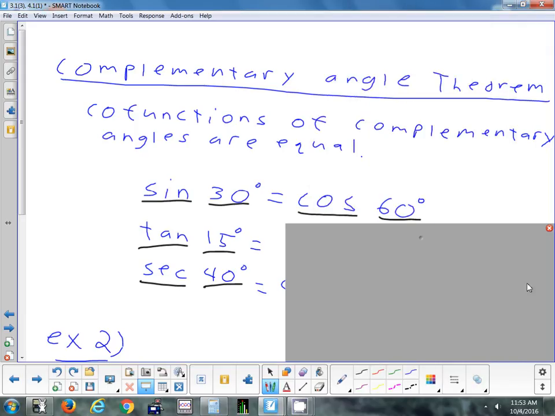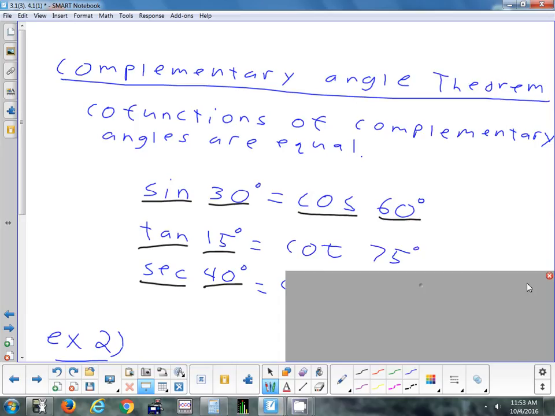Tangent of 15 degrees. What would that be the same as? Yep, Jasenia? Is it cotangent 75? Perfect. So she picked the cofunction, and she picked the angle that adds to what I was given to get 90, the complement. And how about the last one?